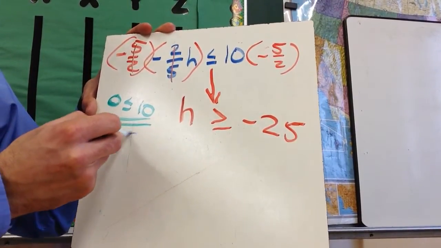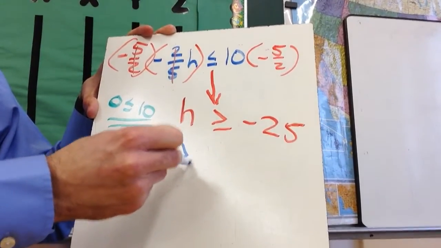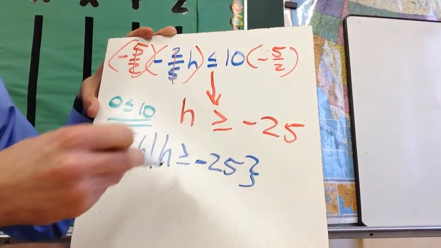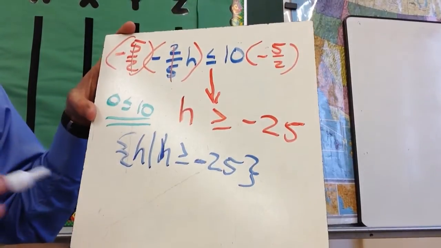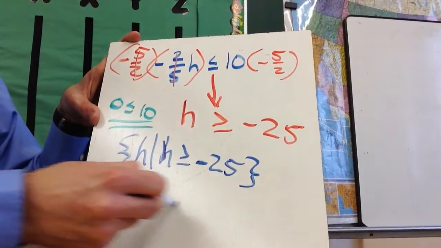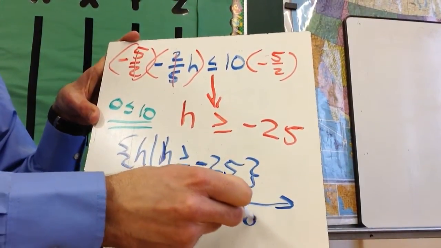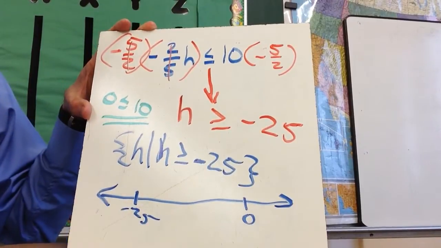Right now, if I'm going to write this in proper notation, this is going to be for all values of h. H is greater than or equal to negative 25. Okay, and then if I'm going to graph this, remember the two numbers that I need on there are negative 25 and 0. And since negative 25 is to the left of 0, I would want to put that one first.